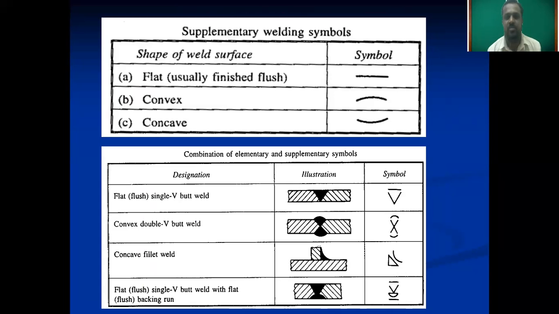You have to remember the supplementary welding symbol gives the information regarding the welding surface, whether that welding surface is flat, convex, or concave. Only remember this: the supplementary welding symbol gives the information about the surface of welding.